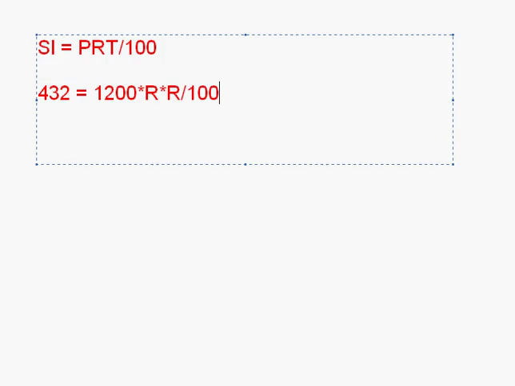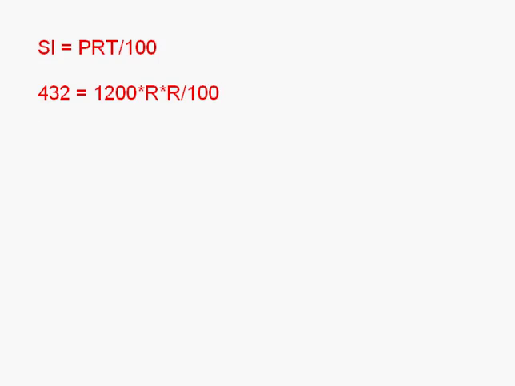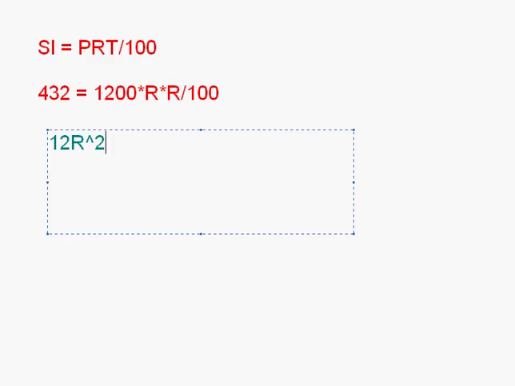Now we need to find the value of R. So if you solve it, you will get 12R square is equal to 432, right? That means R square will be equal to 36, or you can say R is equal to 6. So rate is 6%. Understood?